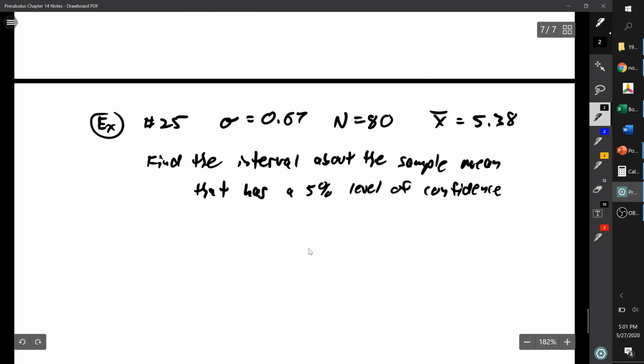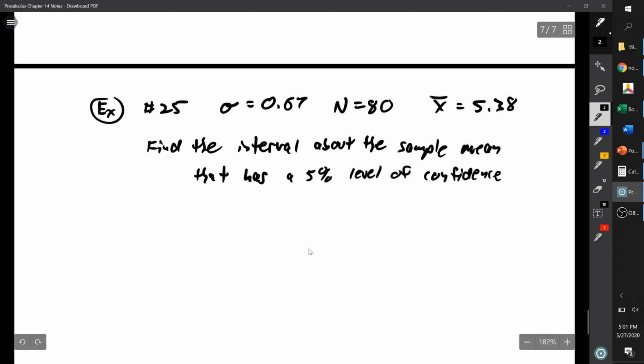In other words, we think our mean is 5.38. We want to find what range of values we'd have to go with to be 95% sure that the actual average is somewhere within that range.